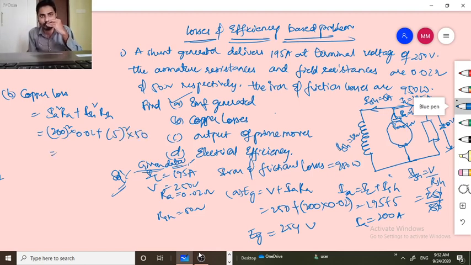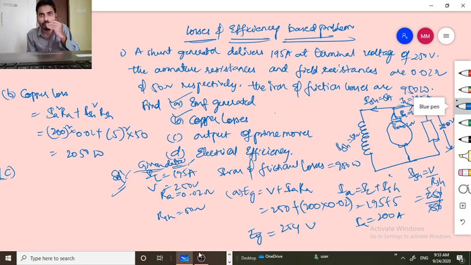So this is the total copper loss. You get 800 plus 1250, so you get 2050 watts. So we have completed the copper loss. This is the armature copper loss and this is the shunt field copper loss. Both combined we are adding.